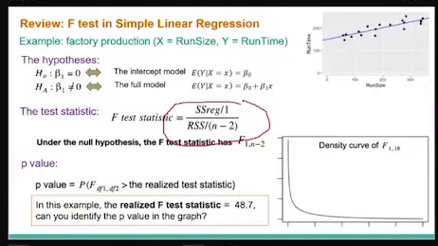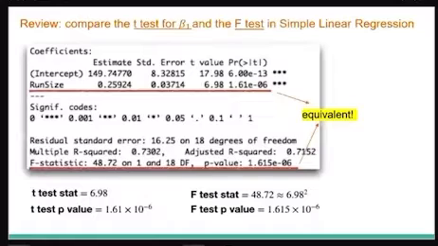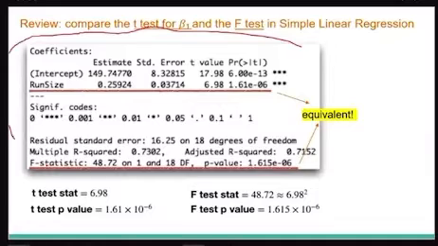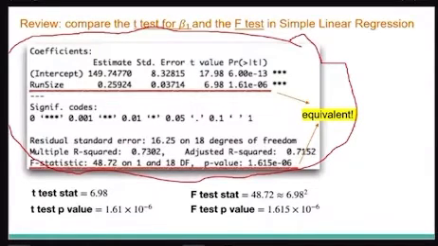I'm going to show you something really quick, the output. Some of you may be wondering, when I run a regression, I get this output for simple linear regression. What is the difference between a t-test and an F-test?